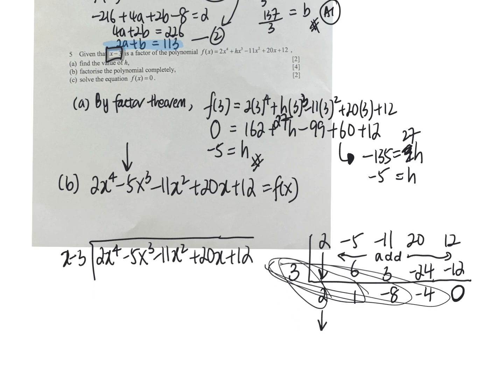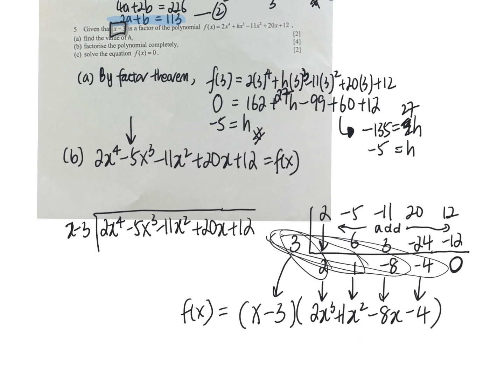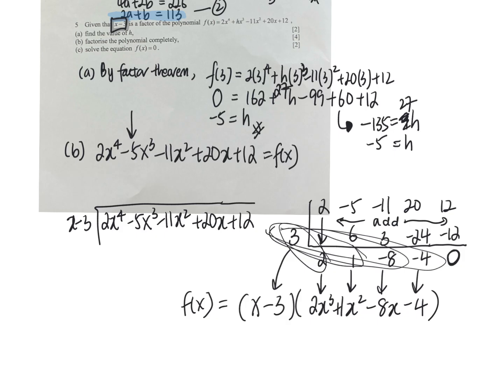So the factorized form is 1 degree lesser. So 2x cubed, 1x squared, minus 8x, minus 4. So your factorized form is this one. Okay? And then you need to factorize this one some more.